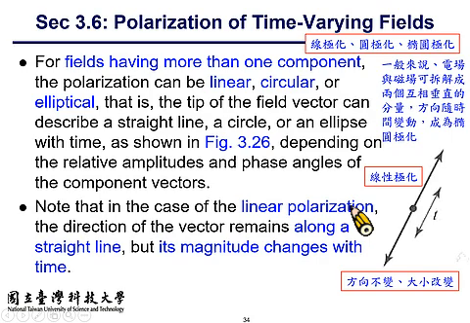All right? So from this slide, it says on top of the linear polarization, there are another two polarizations that can be expressed mathematically. One is the circular polarization, and the other is elliptical polarization.